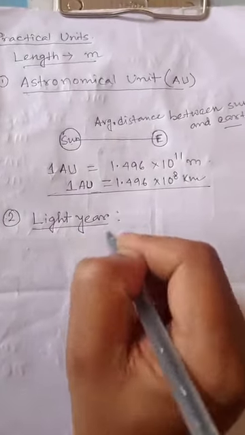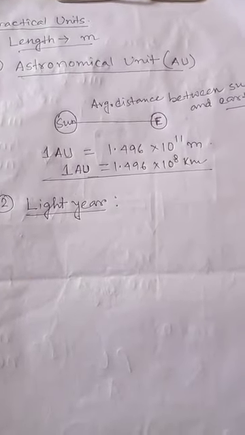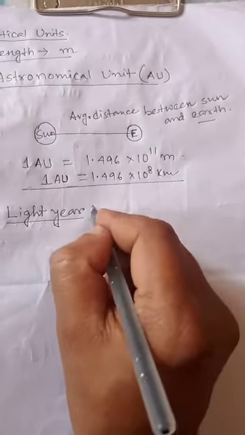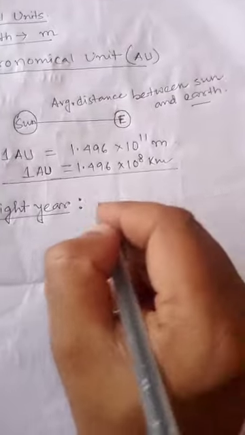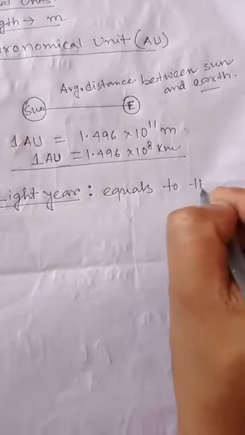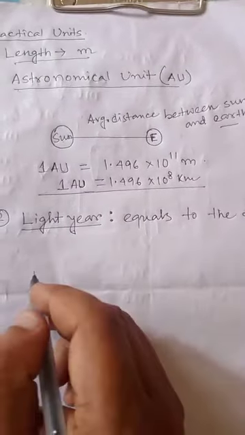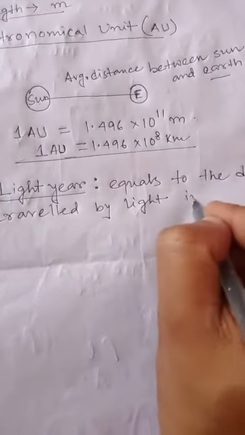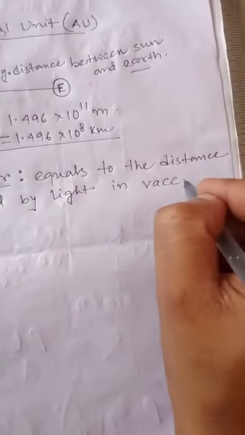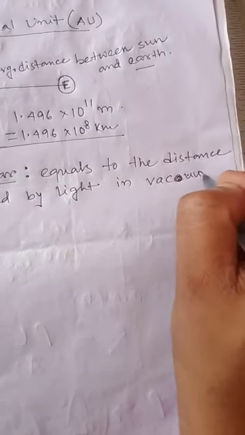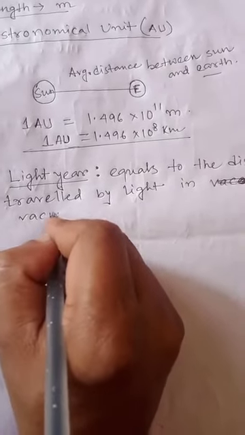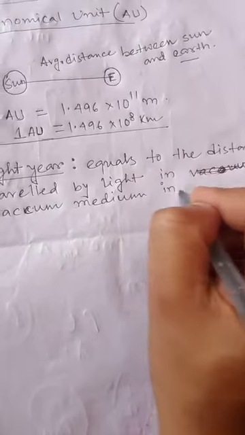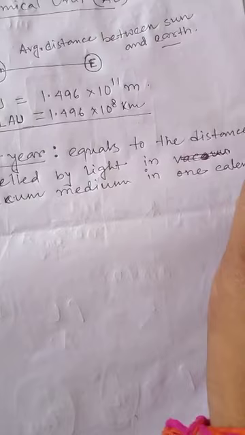What is a light year? A light year is equal to the distance traveled by light in vacuum or free space in 1 calendar year.